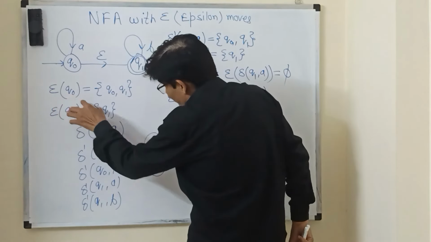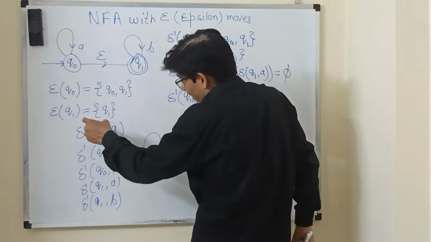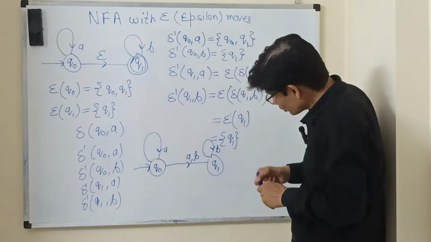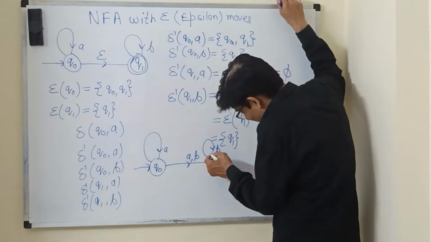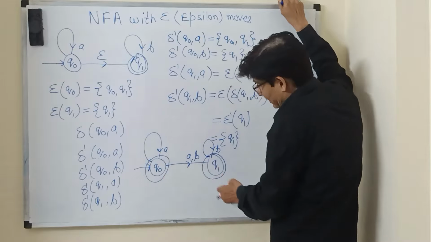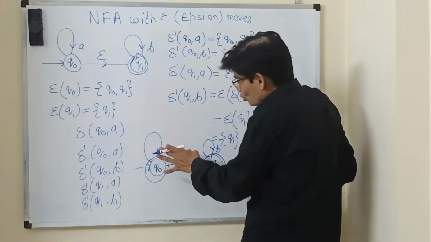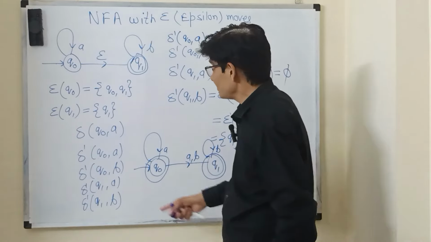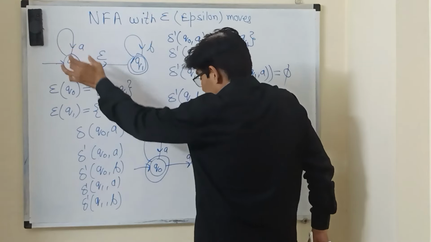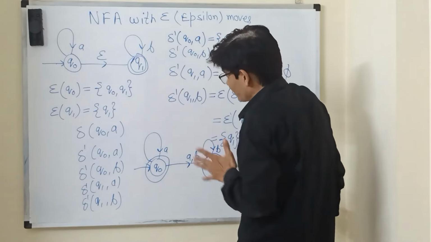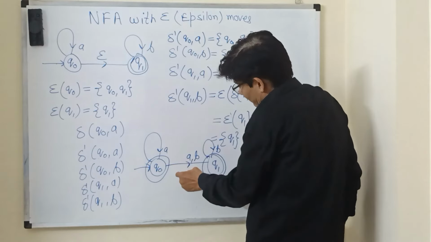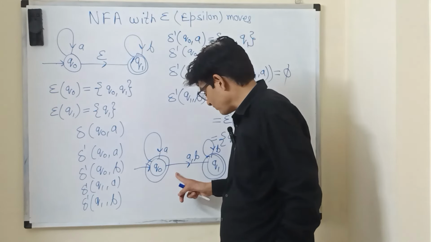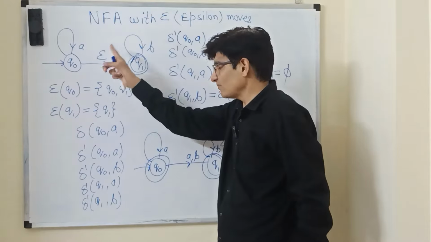Epsilon closure of Q0 has Q1, and epsilon closure of Q1 has Q1 itself. So both of these states would be final states. Now you can see there is no epsilon transition in this NFA, and the language of this NFA and the earlier NFA is the same. So this is NFA without epsilon move, and this is NFA with epsilon move.